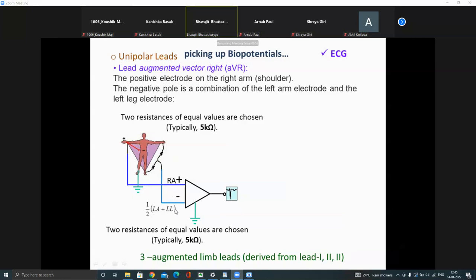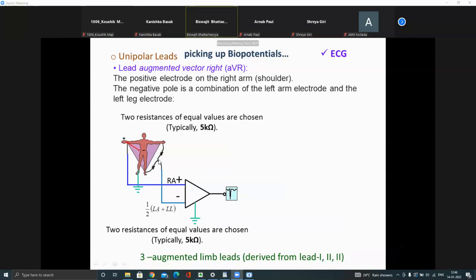The negative polarity, the inverting terminal of the op amp, comes from the midpoint of the left leg and left arm via some equal valued resistance. Typically the resistance is 5 kilo ohm, maybe 10 kilo ohm also. So equal valued resistance at the midpoint.